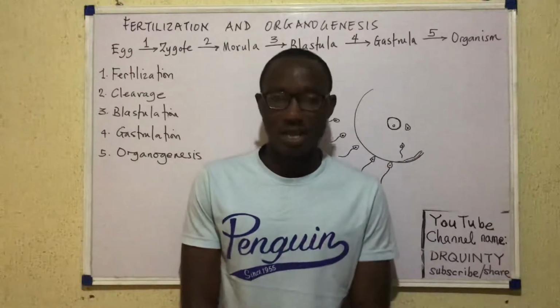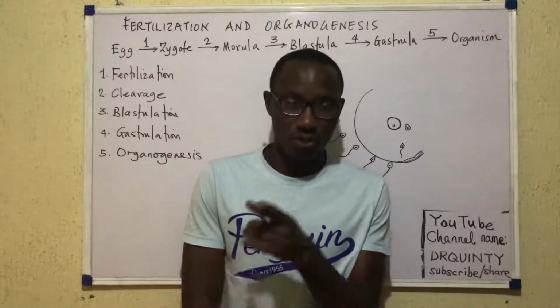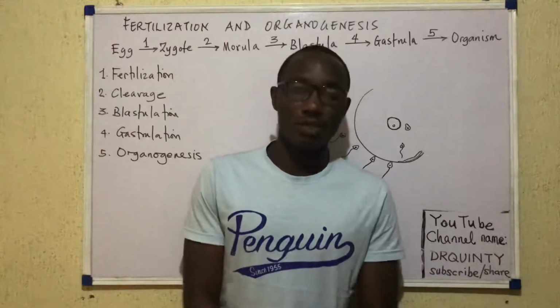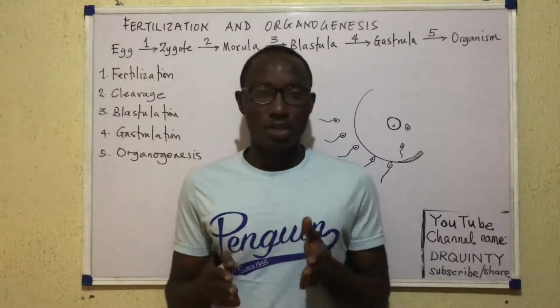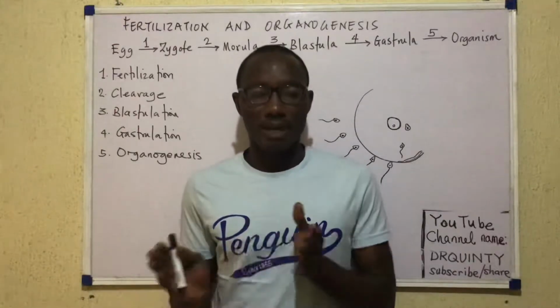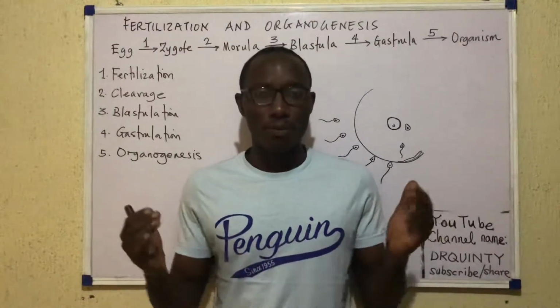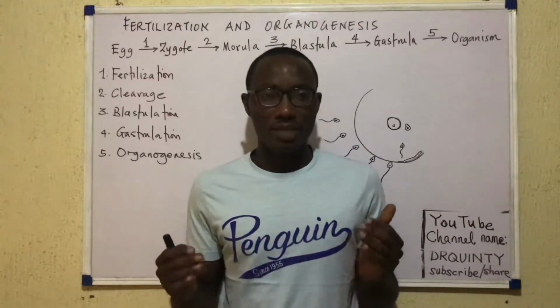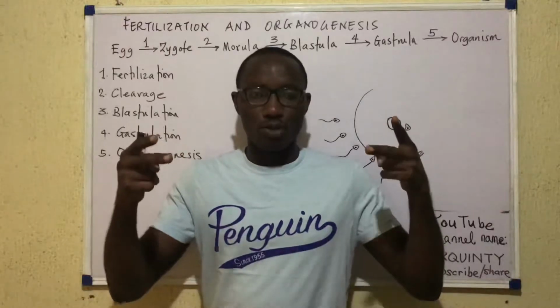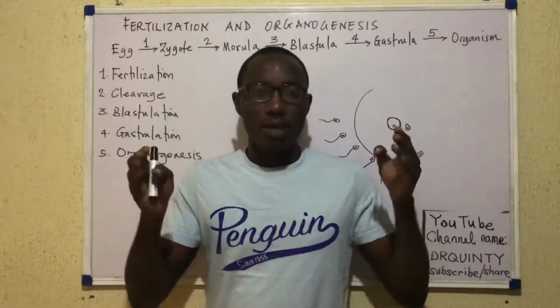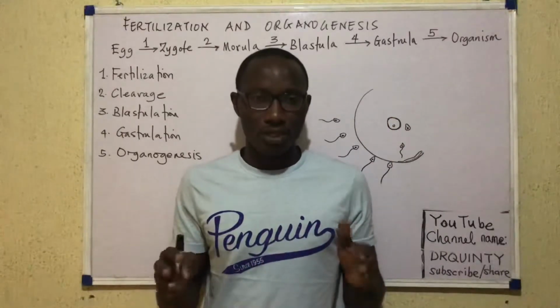According to the other video that you must watch, during gametogenesis, the gametes, that is the sperm and the egg, actually come from diploid cells. So in the formation of these gametes, the diploid chromosome number, 2n, becomes reduced to the haploid number, n.